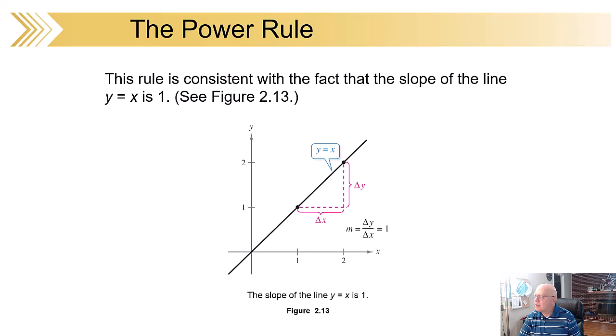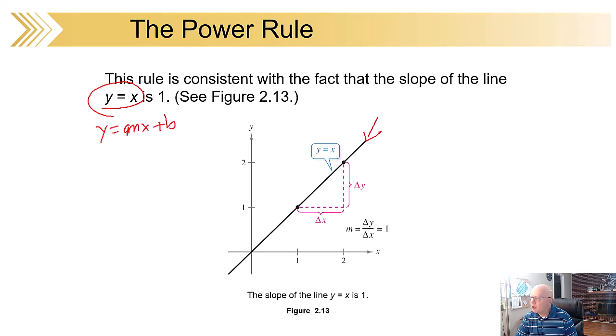Now, how does this work in, quote, the real world? Well, the slope of the line y equals x, which looks like this, is 1. Well, remember, y equals mx plus b is the slope-intercept form.